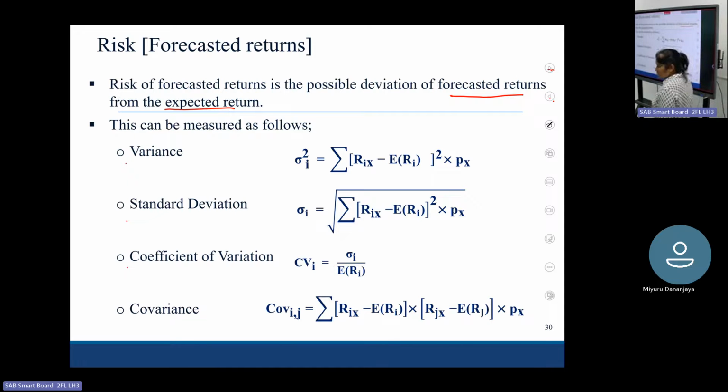Divided by n minus 1, no? Right. Now here, this is the forecasted return of stock X under the state of economy 1, with its deviation from the expected return, right?